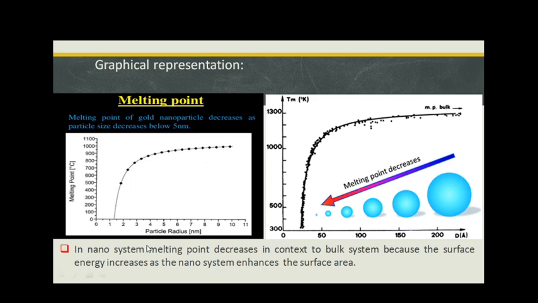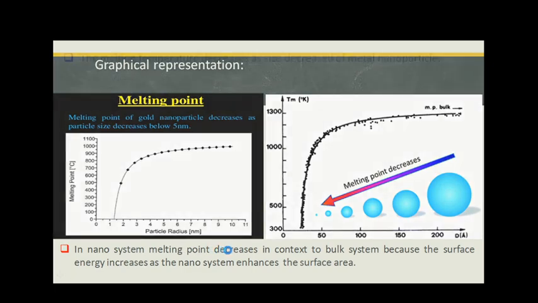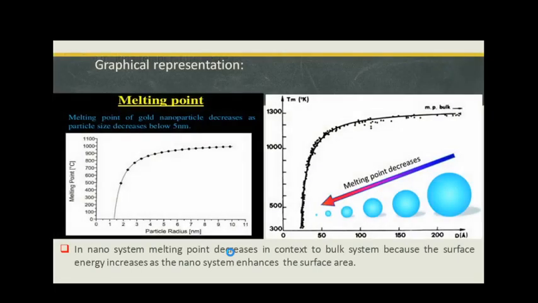Now, basically the decrease in melting point is underlined with the idea, in the context of the bulk system, that the surface energy increases. Why does surface energy increase? Because going from bulk to nano, the surface area increases compared to the bulk behavior.